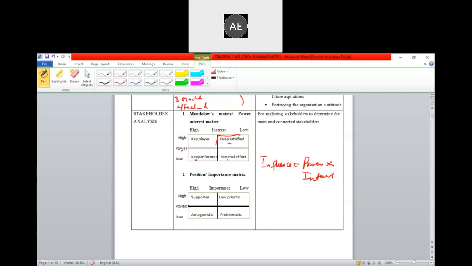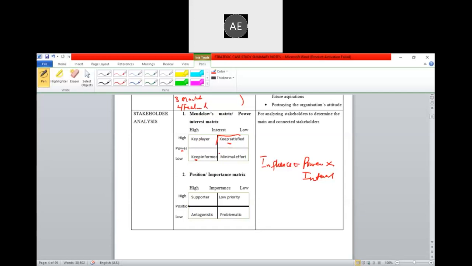So considering the scarcity of the resources of the organization, they can use the resources to satisfy the needs of the key players and the keep satisfied before they can look into the keep informed and minimal effort. Since the key players and the keep satisfied stakeholders have high power, in fact, they have the influence. So based on this analysis, we have been able to establish the stakeholders who have influence. Therefore, the organization must concentrate on them.